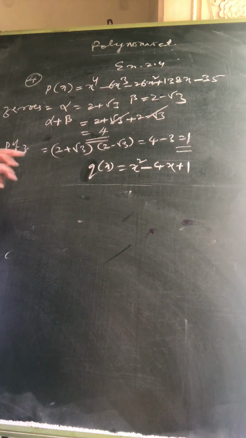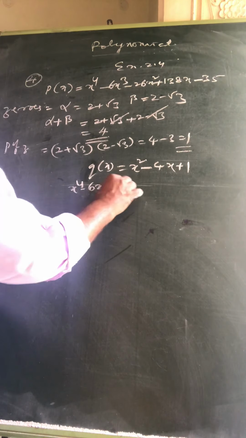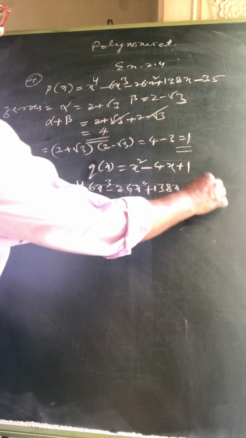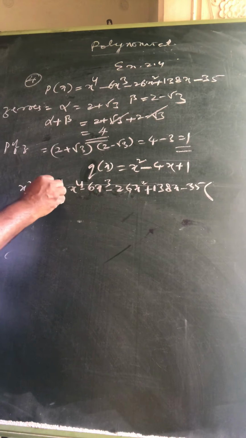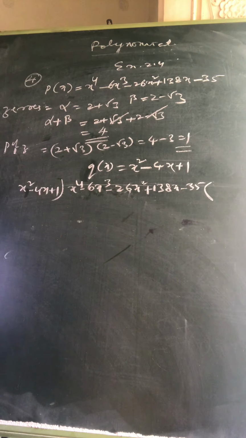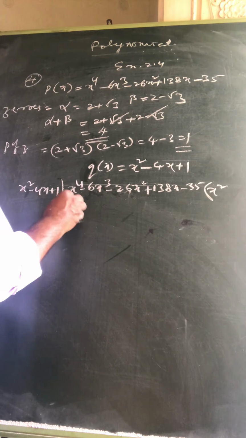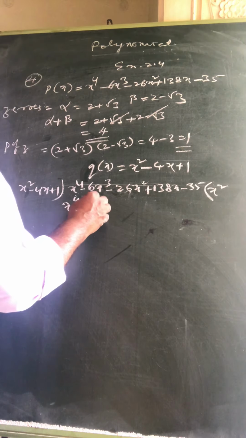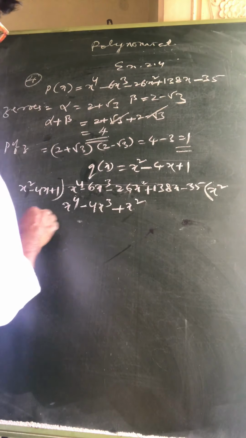With this, we have to divide the given polynomial x to the power of 4 minus 6x cube minus 26x square plus 138x minus 35 by x square minus 4x plus 1. Here x to the power of 4 is there, so we multiply by x square. x square into x square is x to the power of 4, x square into minus 4x is minus 4x cube, x square into 1 is x square.